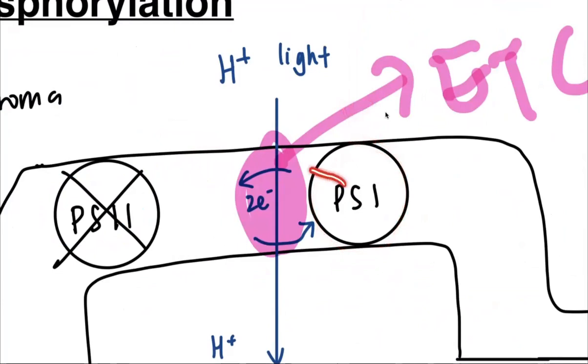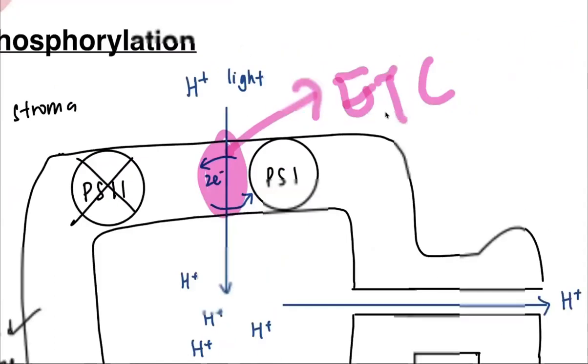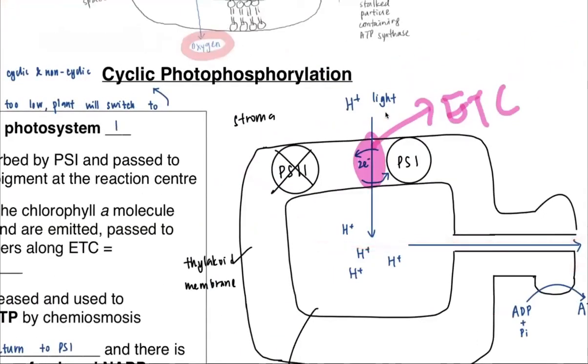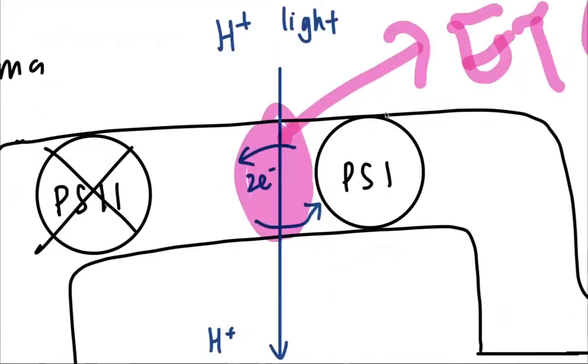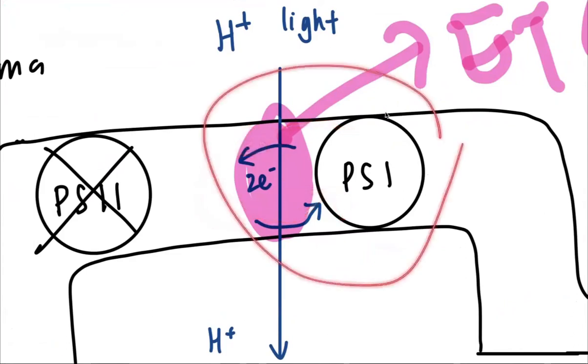This electron will go through an electron transport chain, and as the electron is transported by the ETC, energy is released and used to pump hydrogen ion. Ultimately, this hydrogen ion will be used for ATP synthesis. The only difference is that ultimately this electron will come back to PS1. The electron that has been excited from photosystem 1 will be accepted by photosystem 1. That's why it is called cyclic.